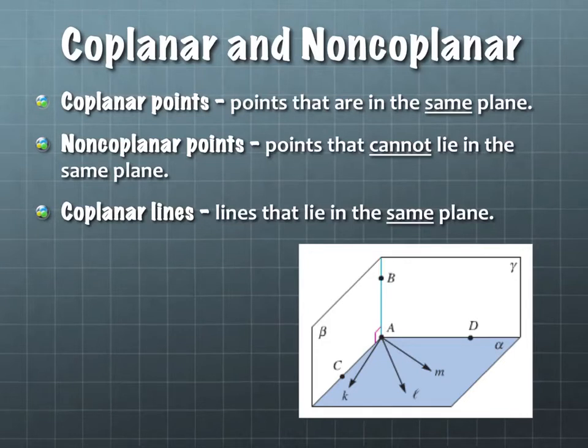So an example of points that are coplanar would be something like A, C, and D. So they're all along the same plane that's the blue plane, alpha.